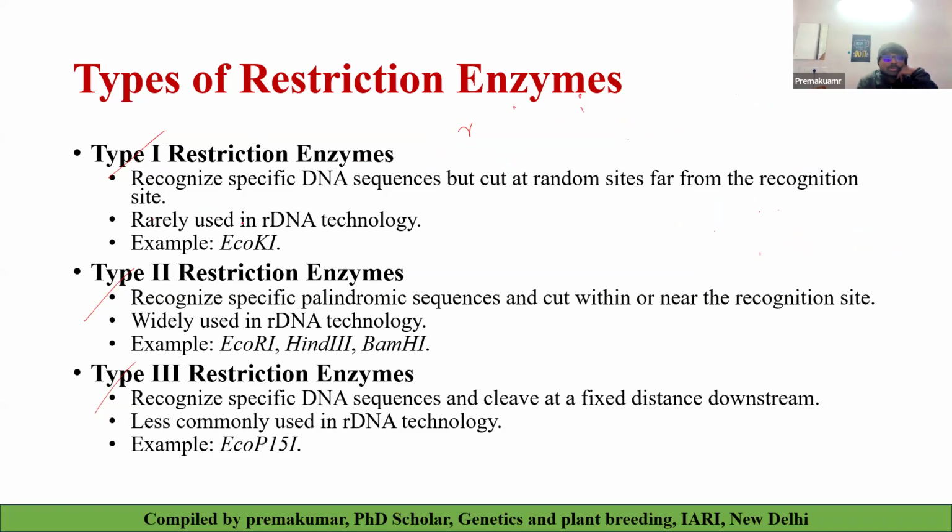For type 1, EcoKI, where I is a strain number. And you should also remember the nomenclature of the restriction enzymes: what is the strain name, what is the Roman letter. Why is it capital? Actually it should not be capital, maybe I wrongly wrote it. One minute.